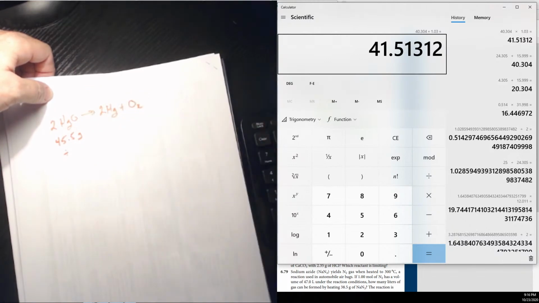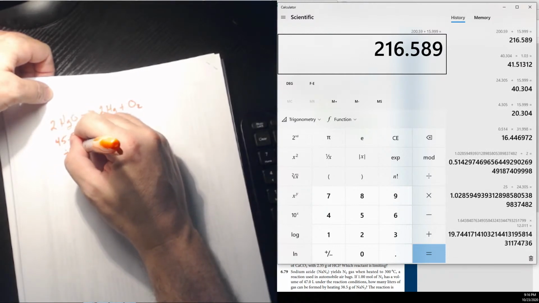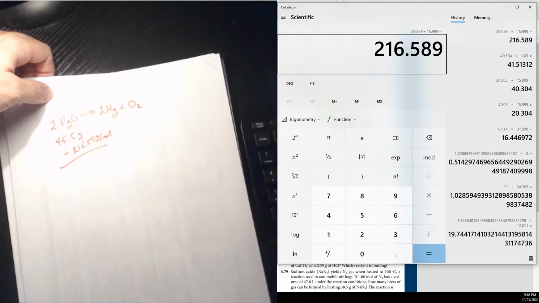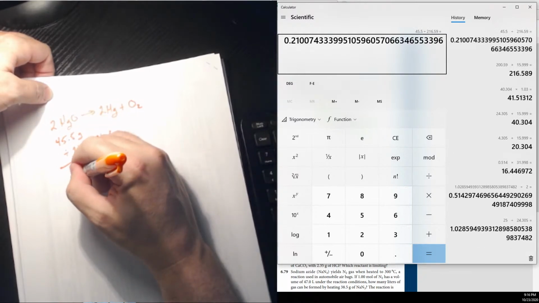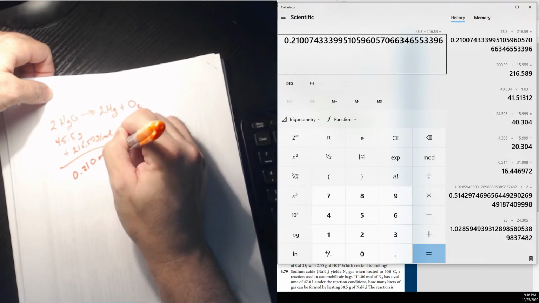Okay, molar mass is 200.59 plus 15.999, 216.59 grams per mole. .210 moles of mercury oxide.